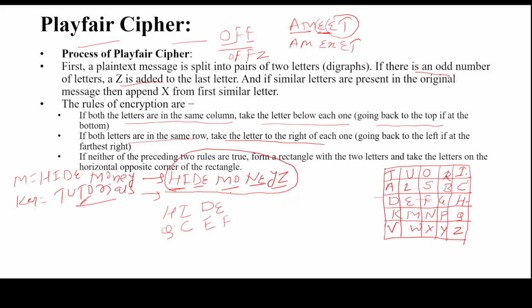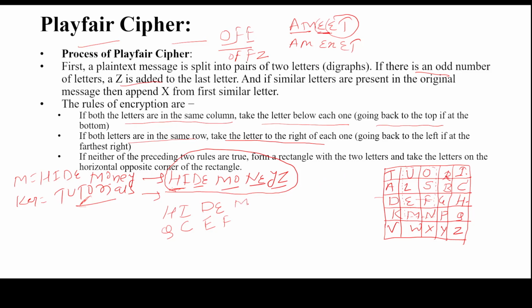Write F. Now MO. Where is M? M is here and O is here. Now see, this is the third case. Both the letters are not there in the same column or same row. If this is the case, just make a rectangle where our letters are present, and take the immediate left or right as per the letter.